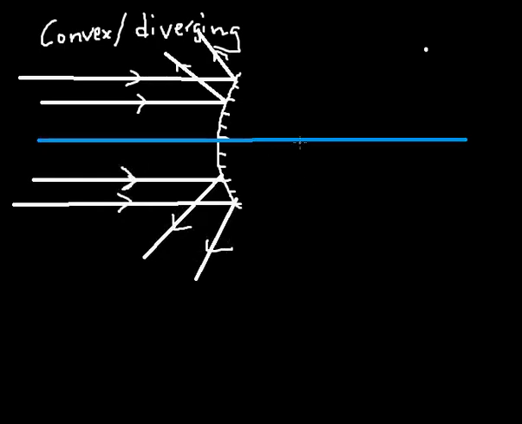So now we are going to look at the characteristics of the image formed by a curved mirror. Unlike a plane mirror, which forms the same characteristics of image irrespective of the position of the object, a curved mirror will have different characteristics of image depending on the position of the object.